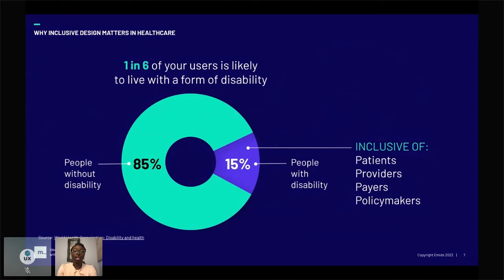So if you look at it, this implies that part of the users you're designing for could be living with a disability. So 1 in 6 of your users is likely to be living with a form of disability, whether it's a patient, a provider, a payer, or a policymaker. They will most likely fall within this category.